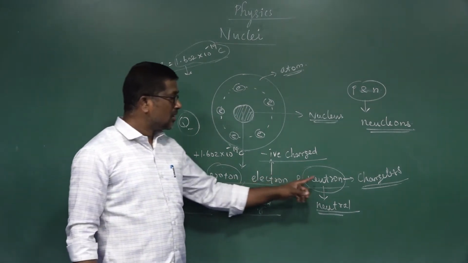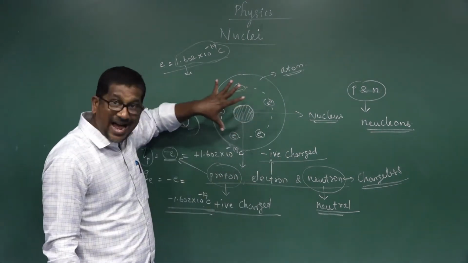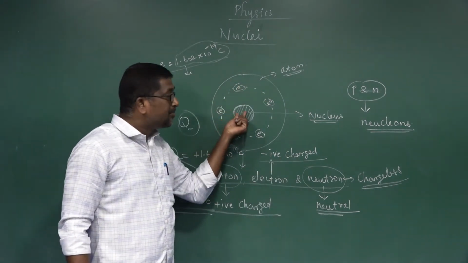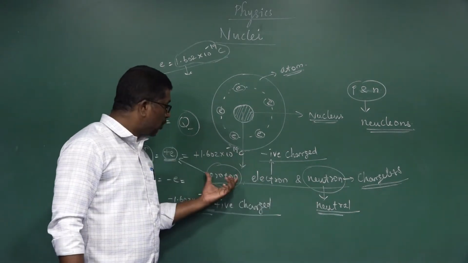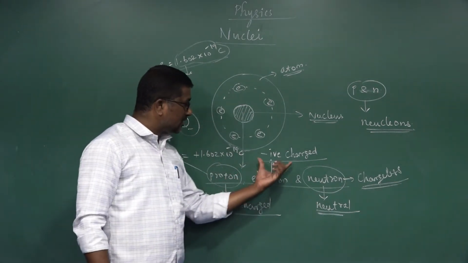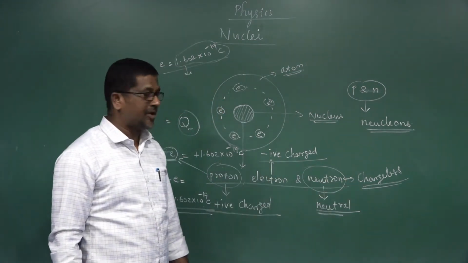So electrons, neutrons and protons are elementary particles of an atom, and the elementary particles of the nucleus are proton and neutron. Okay, proton is a positively charged particle, electron a negatively charged particle, and a neutron a neutral particle, that is chargeless, right?